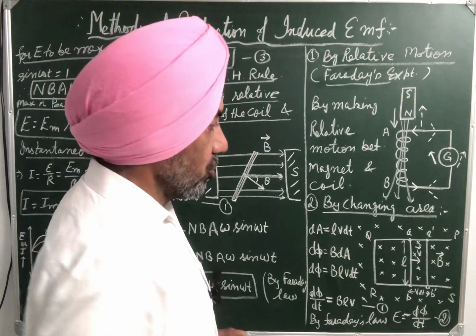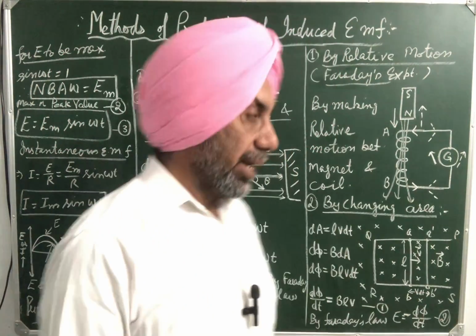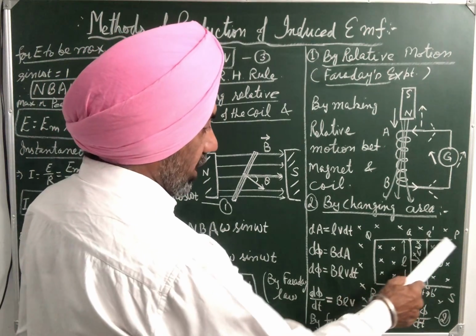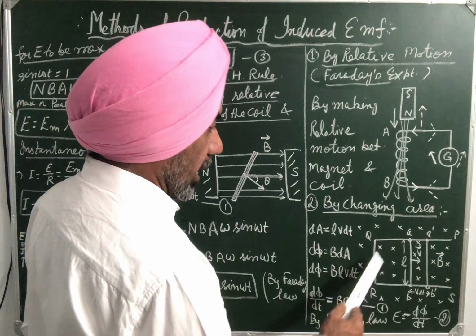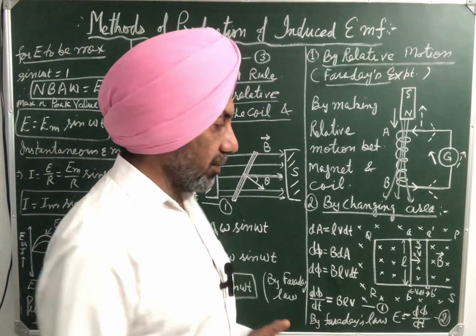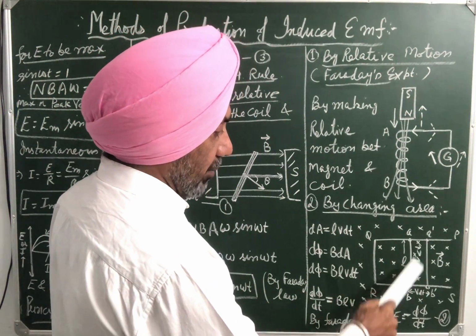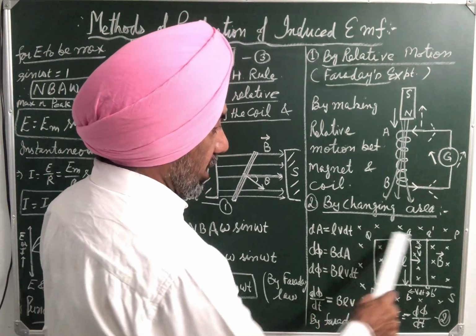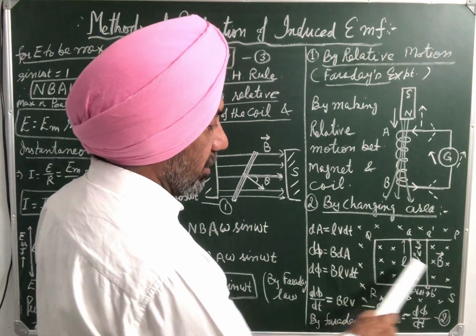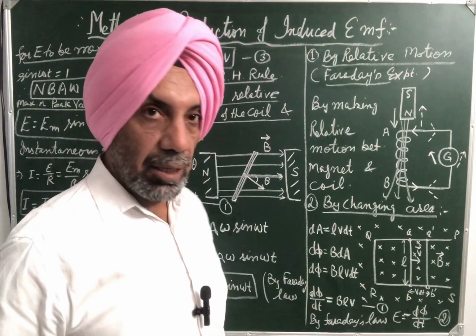Second, we can produce induced EMF by changing area. Suppose we have a rectangular conducting frame PQRS with a movable arm AB having length L, placed in a uniform magnetic field B shown by these crosses.